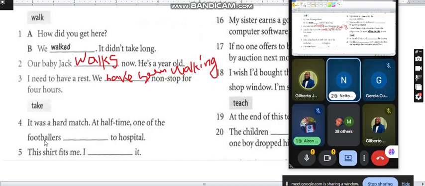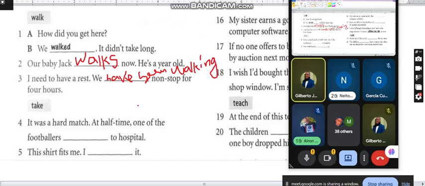Jefferson, I want you to pay attention to this part because I think you got confused because of the noun footballers. But here what's being said is not all the footballers were taken to the hospital, but just one. In a football match there are 11 players, but here what they're saying is at halftime, not all of them, just one, which means it's singular.